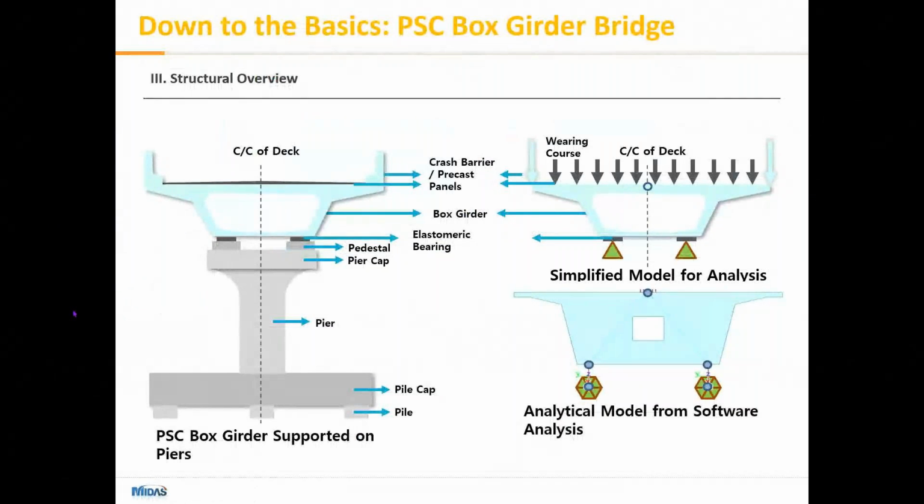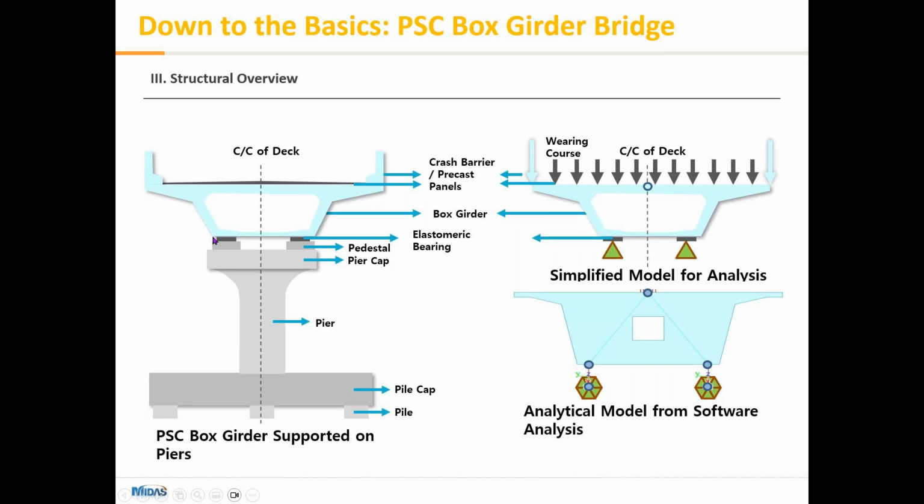So as you could see, we are going to model the PSC box girder bridge today. But before going to the modeling part, we'll just see certain structural overview related parameters. In this particular model, we are going to restrict ourselves to the modeling of the superstructure.